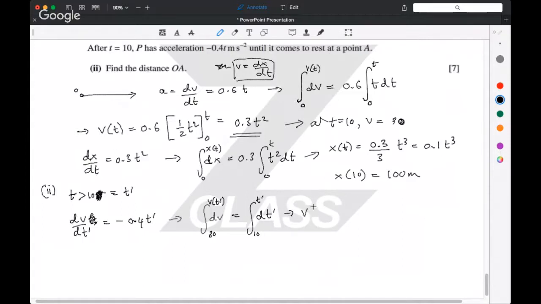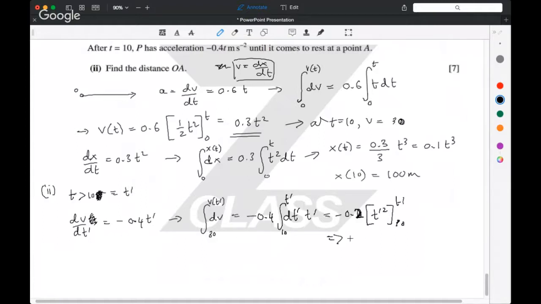Well, this means that v of t prime minus 30 is minus 0.4 times the integral of t prime dt prime from 10 seconds to some later time, which is minus 0.4 divided by 2, so minus 0.2 t prime squared, between 10 seconds and t prime.